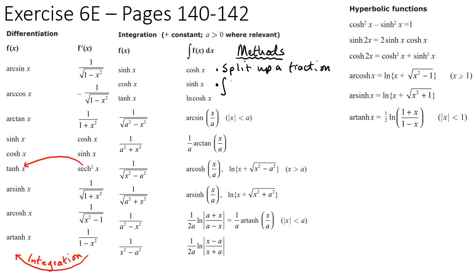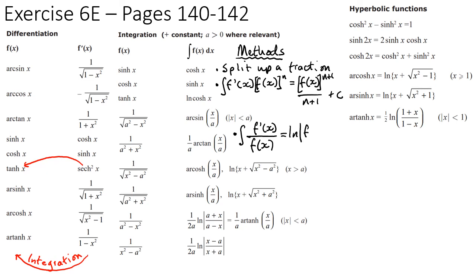So if I see this, or I can make it like that by playing around with the constants, then I can just apply this rule. So add 1 to that power, divide by the new power, and then it's plus c. There's another pattern. So if I see something like this, again, if I can play around with the constants to make it look exactly like that, it does make things easier. Then that's always the natural log of this bottom part, plus c.